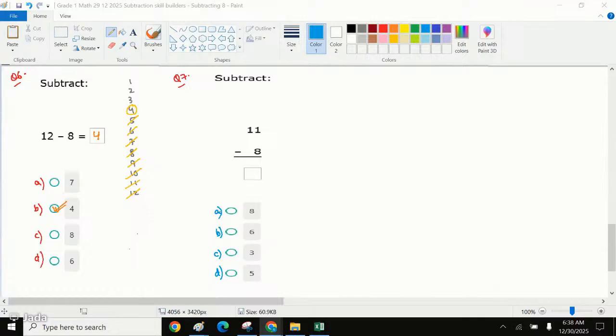What can we do? Yes, option B was the correct option in the previous question. For question number 7, it says 11 minus 8. So if you subtract 8 from 11, how many are left?